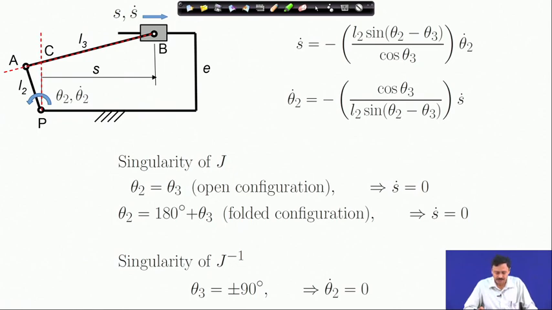If you look at the singularity of J inverse, then we have it at theta 3 equal to plus or minus 90 degrees, and here theta 2 dot is 0. That means the link 2 cannot move exactly at that configuration, it must have 0 velocity irrespective of the velocity of the slider.